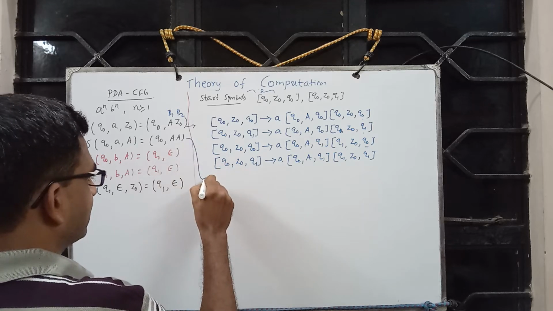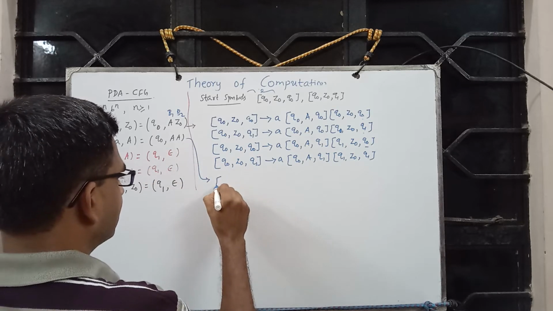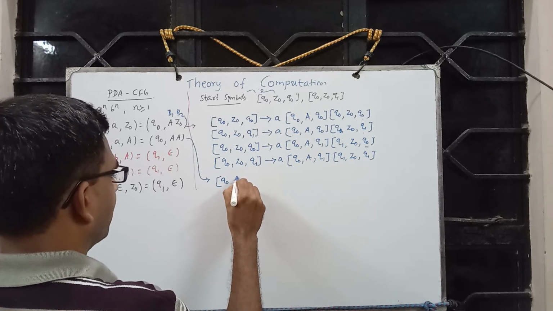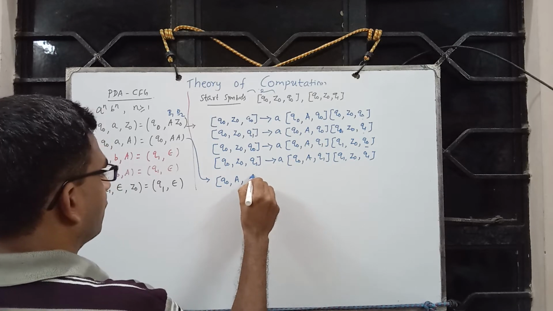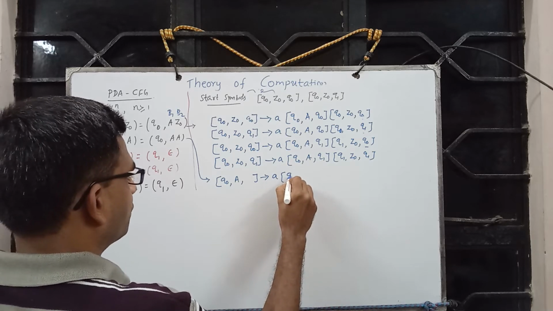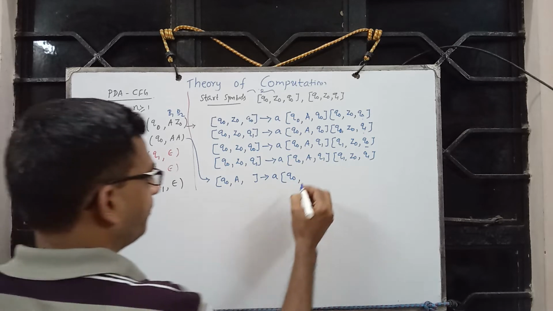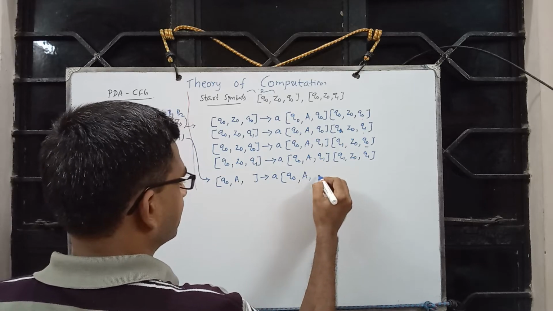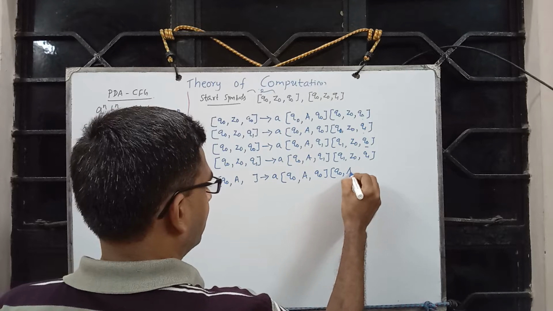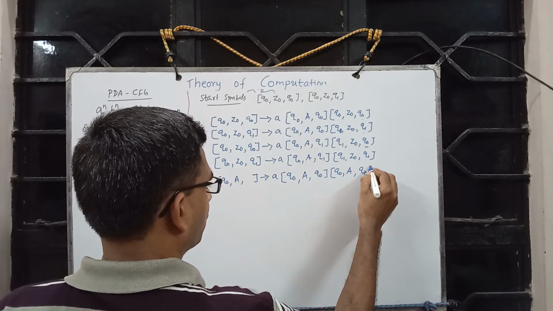Now, what about this? This says q0 A implies small a, output state is q0, so it is a followed by q0 A q0, capital A followed by q0.